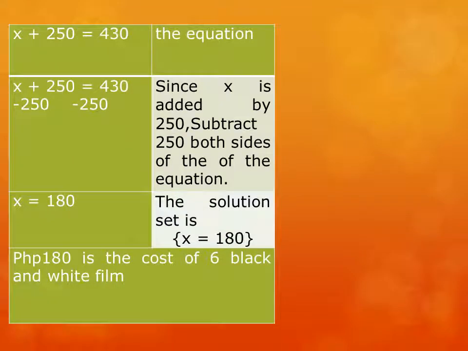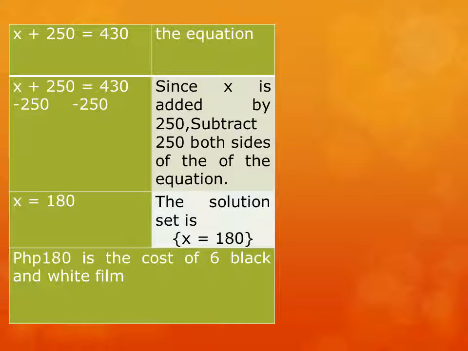So next, what is the solution? We have x plus 250 is equal to 430 as our equation. Since x is added by 250, subtract 250 from both sides of the equation. So it becomes x plus 250 minus 250 is equal to 430 minus 250.